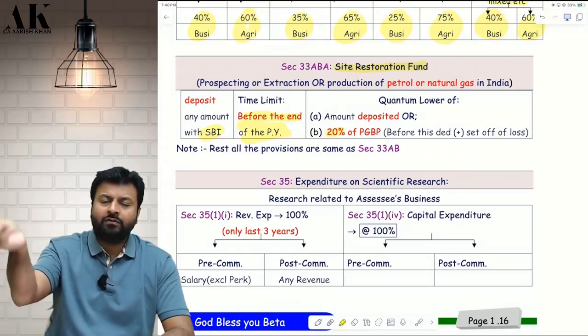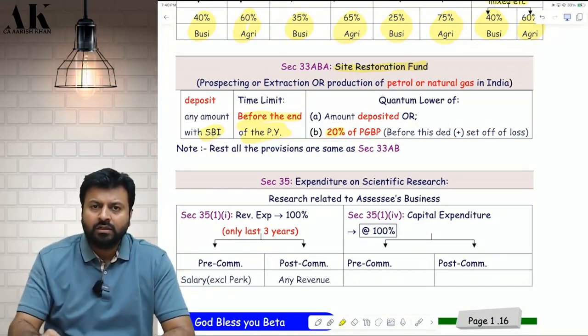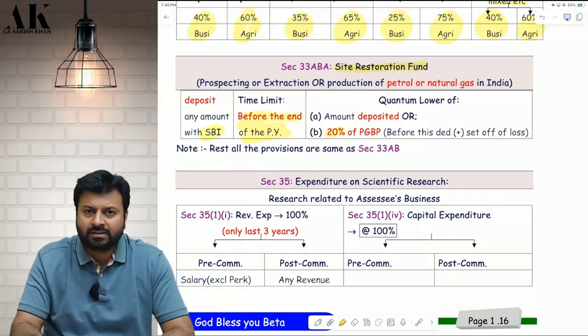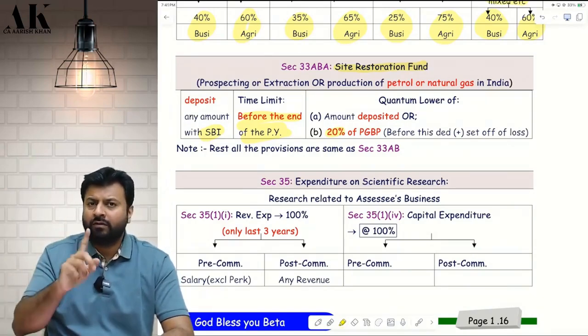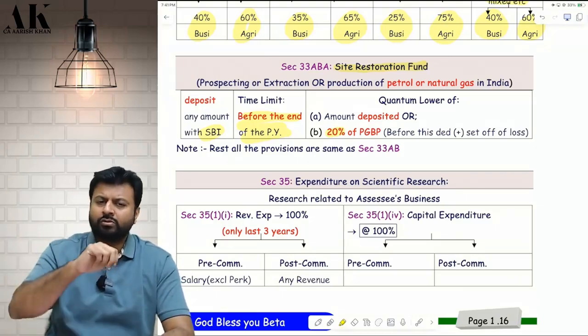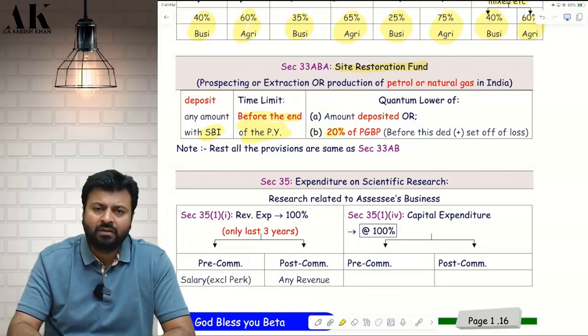If you withdraw and if you incur an expense, then expense is not allowed as a deduction. If you withdraw, you have to purchase only specified asset, not prohibited assets. If you withdraw and purchase an asset, you have to lock in for 8 years. For lock-in, there are 2 exceptions. Here also those 2 exceptions will continue. So when I say rest, all provisions are same, it is absolutely same. There is no difference. Okay.